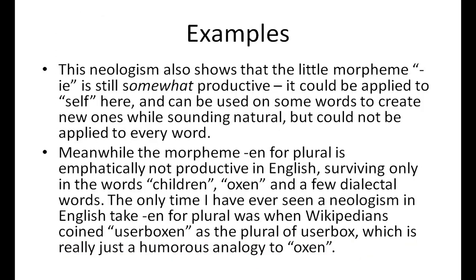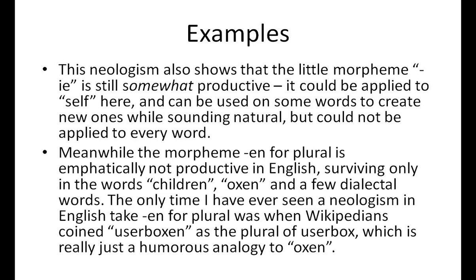For example, this neologism, meaning formation of new words, also shows that the little morpheme "-ie" is still somewhat productive. It could be applied to "self" here and can be used on some words to create new ones while sounding natural, but could not be applied to every word. So if we have the morpheme "-ie", it can be applied only to "self" but not to every other word.